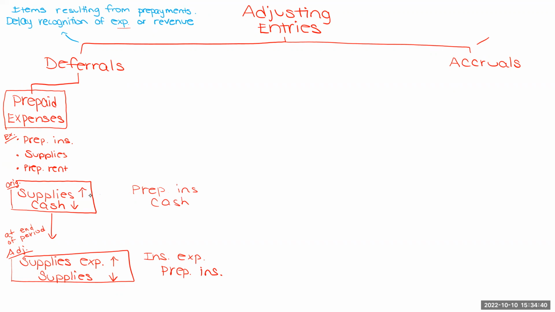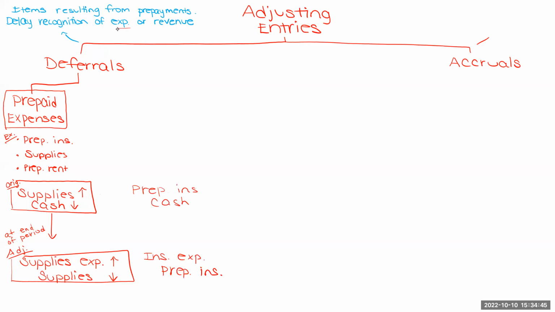Because expense recognition said we had to delay the recognition of the expense because we had not yet used it up. So when we have used it, we put the amount used to expense and we decrease the asset. All right, lovely. So there were 2 examples there for you of your prepaid expense.